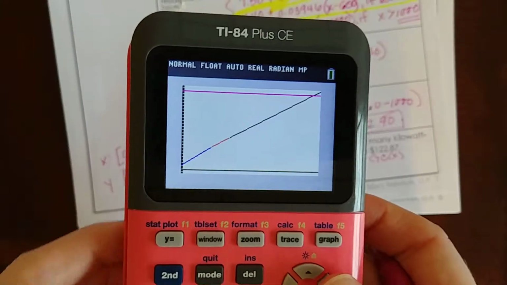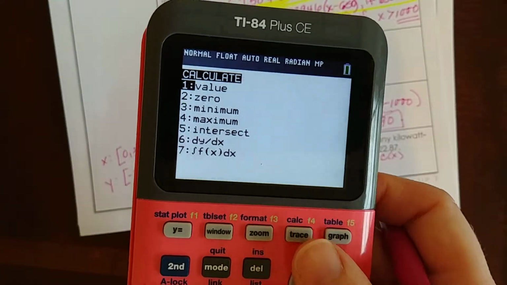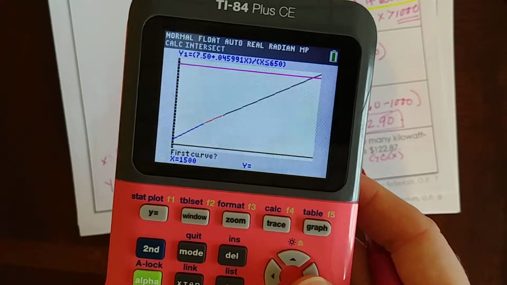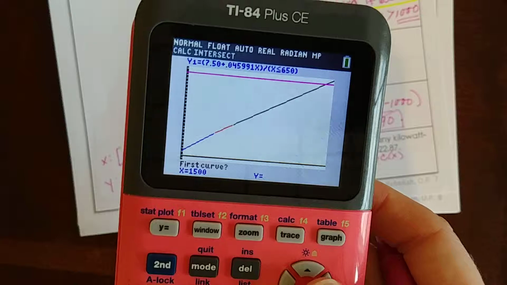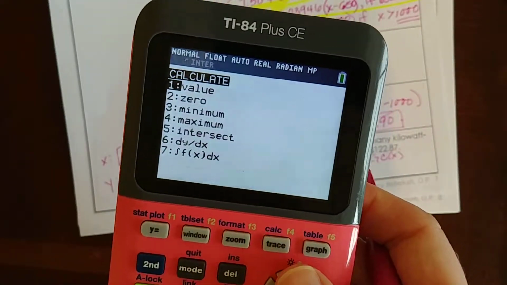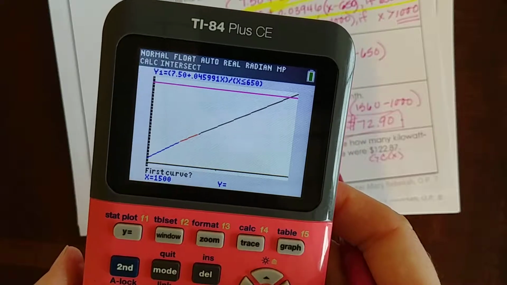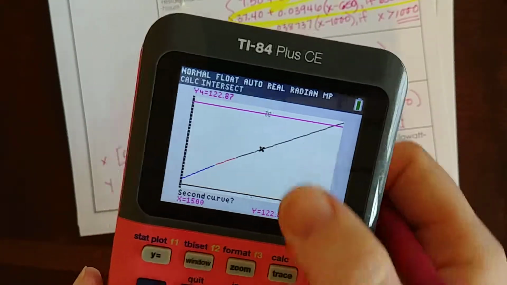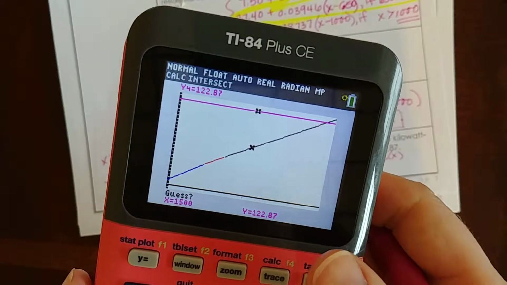Okay, so we're going to hit second, calc, intersect, enter, enter, enter. Oops, I don't have it on the right curve. Second, calc, intersect. I want it on the black curve, enter, and then the pink curve, enter.